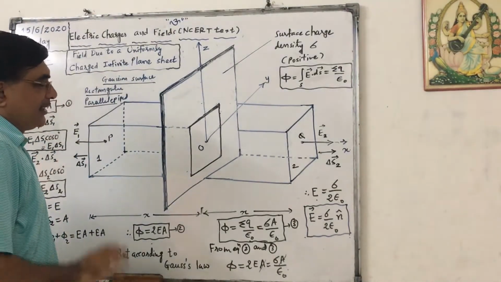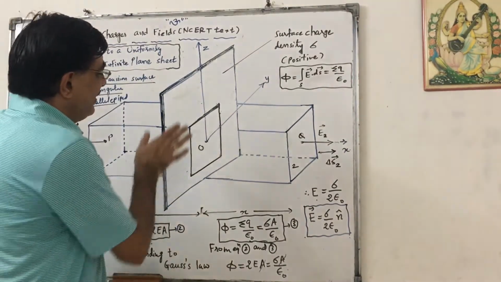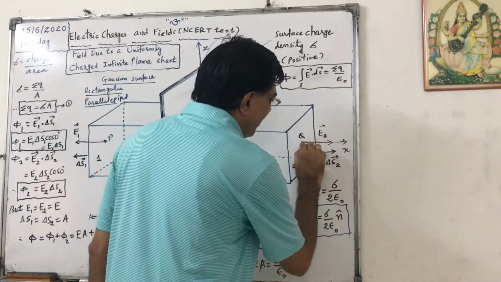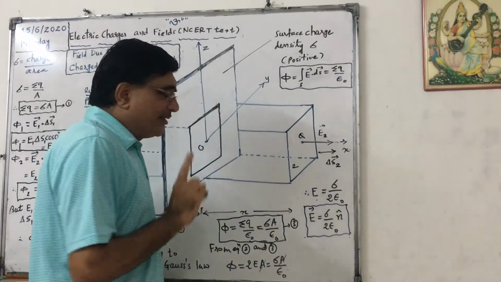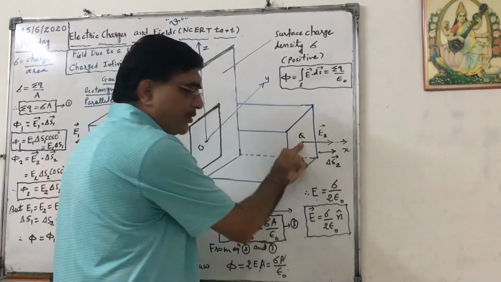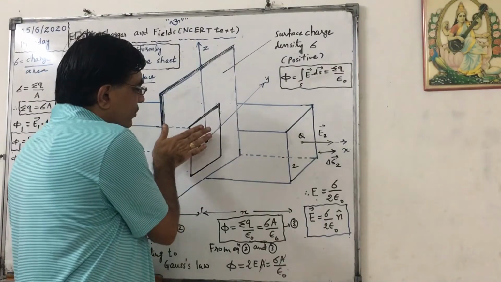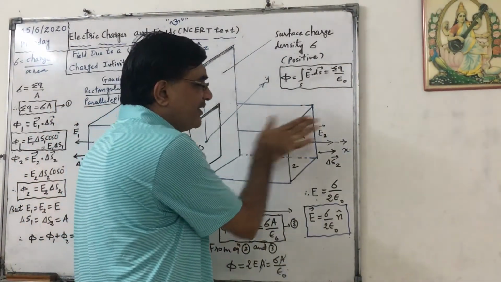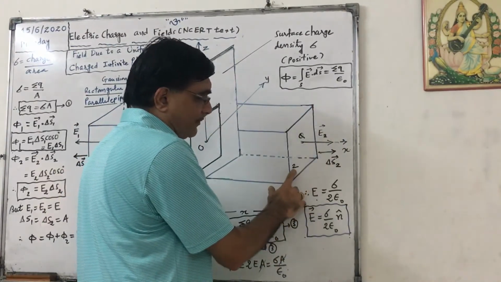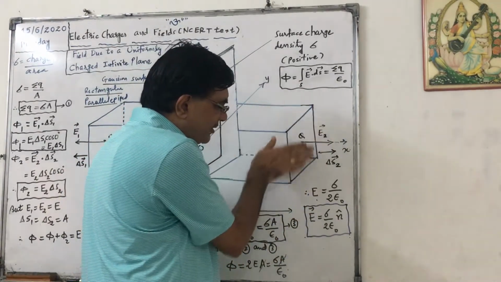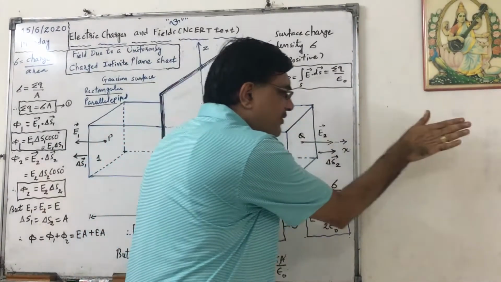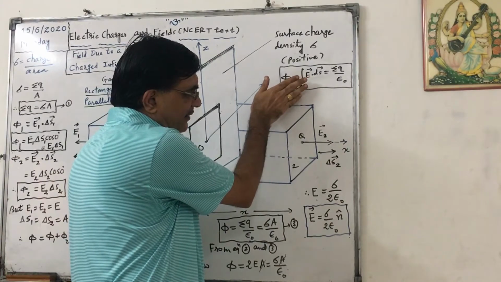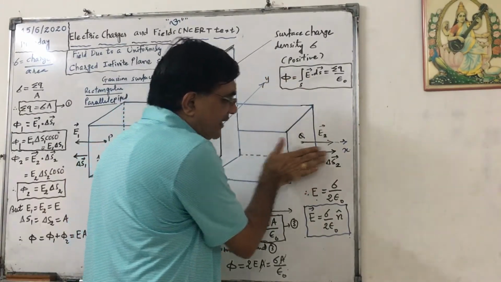Now see, this is positive charge. If I want to find the electric field here, I have to put a unit positive charge here. The positive charge will offer a repulsive force, so here the electric field will be in this direction. I have named this surface 2. The electric field here is vector E2, and let us assume the area of this is delta S2.